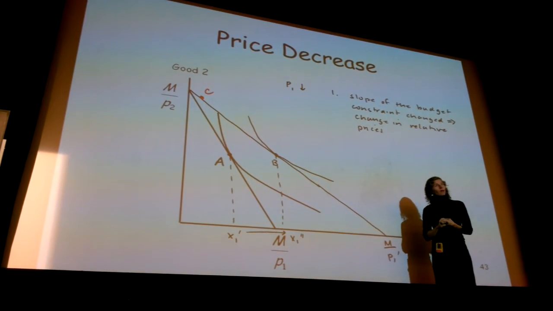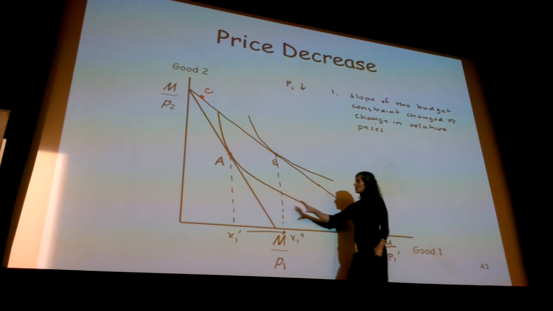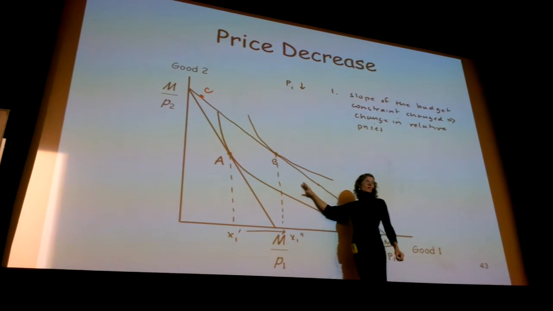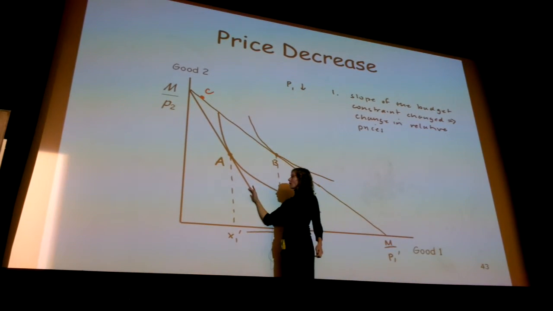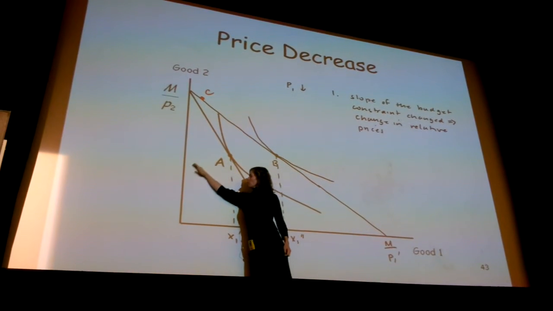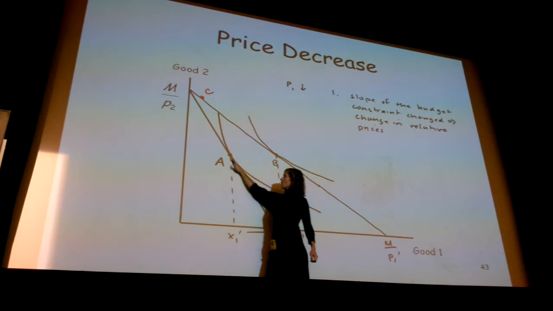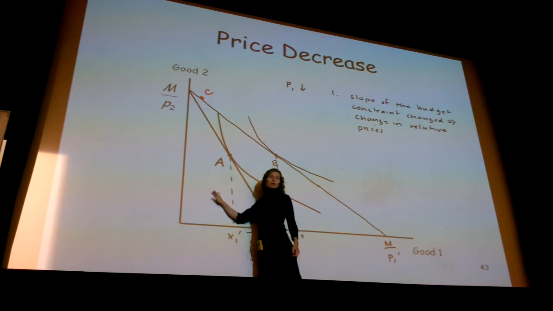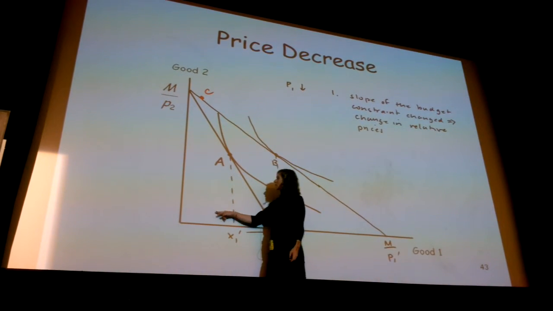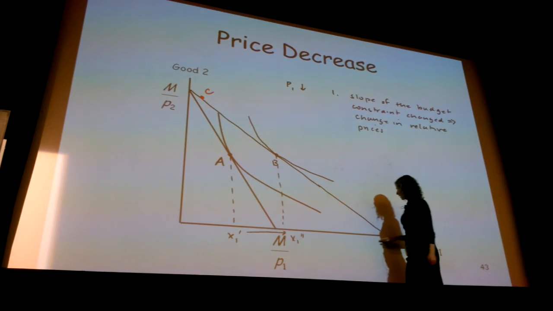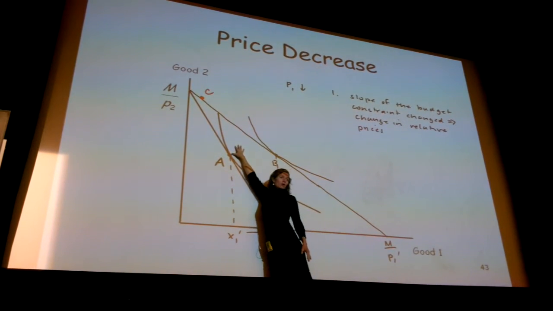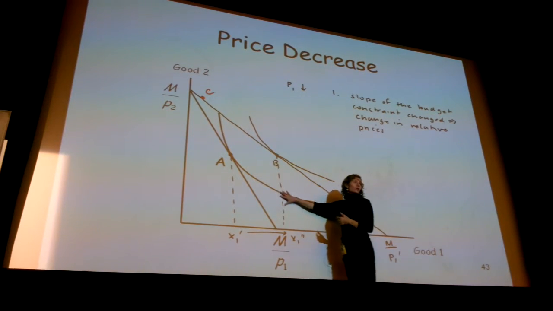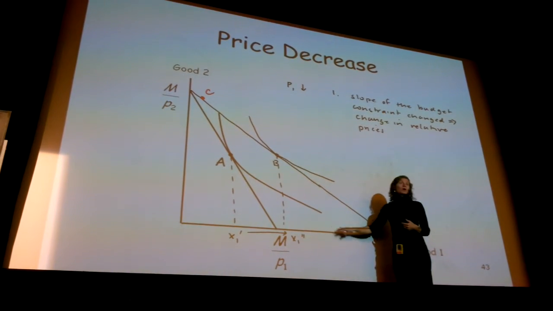The other thing that's happened is that there's been an increase in the size of this person's affordable set. Okay, so initially when prices were relatively high, everything on or below this initial budget constraint described all the possible combinations that they could purchase. But now that the price of good one has decreased, this person can afford more overall. Okay, there are more combinations of good one and good two that they can afford.